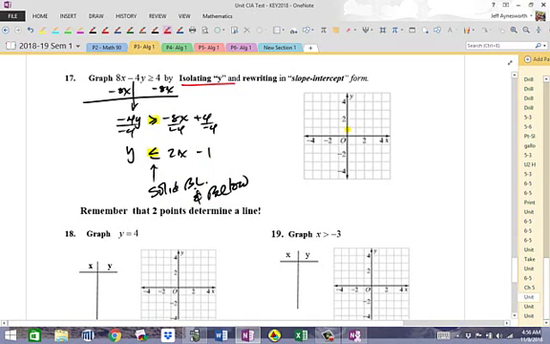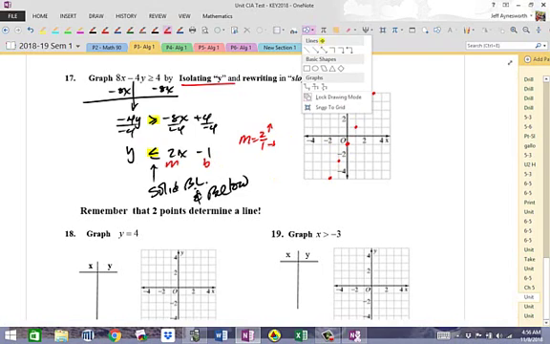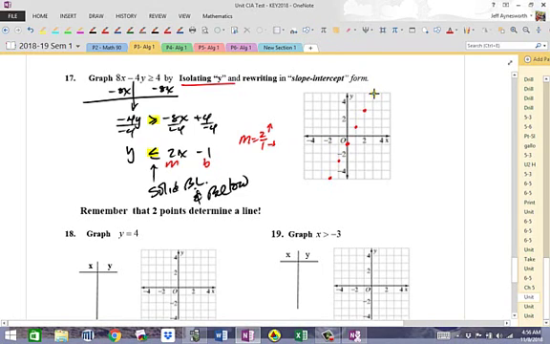Okay. So we start here at the y-intercept, negative 1, slope is 2, which is 2 over 1, so up 2, right 1, up 2, right 1, up 2, right 1, and reverse it. Okay, it's solid, so let's draw a solid line this time. All right, and the solutions are below.